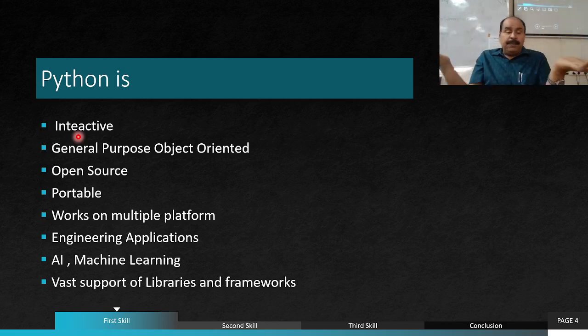It works on multiple platforms and is highly used for engineering applications, and useful for artificial intelligence, machine learning, and so on. For all kinds of advanced programming requirements, we depend heavily on Python programming. And without a strong knowledge base in Python programming, it is very difficult to survive in the future.